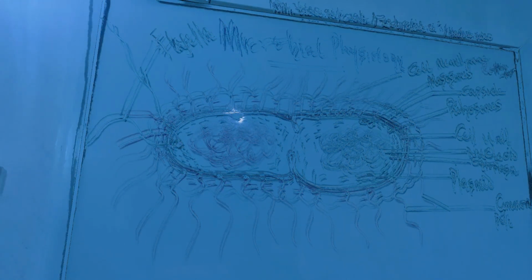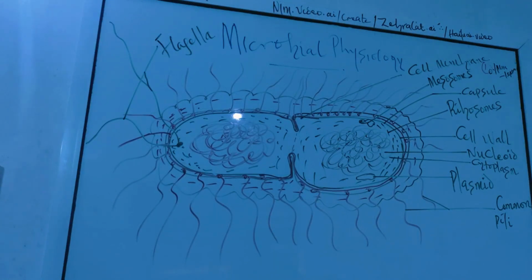So if you are talking about a virulent microorganism or a virulent bacteria, that means in addition to all this, they are going to have a specific component that is very much responsible for the virulence.